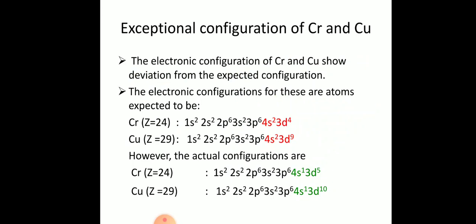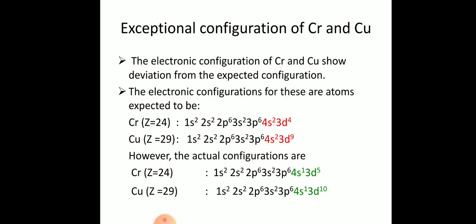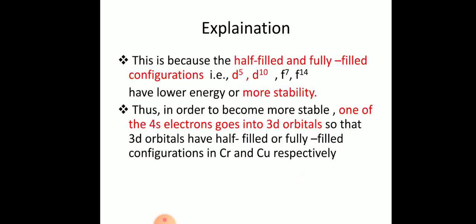So in order to become more stable, one of the 4s electrons goes into the 3d orbital, so that the 3d orbitals are half filled or fully filled in chromium and copper respectively. Half filled and fully filled orbitals are very stable.